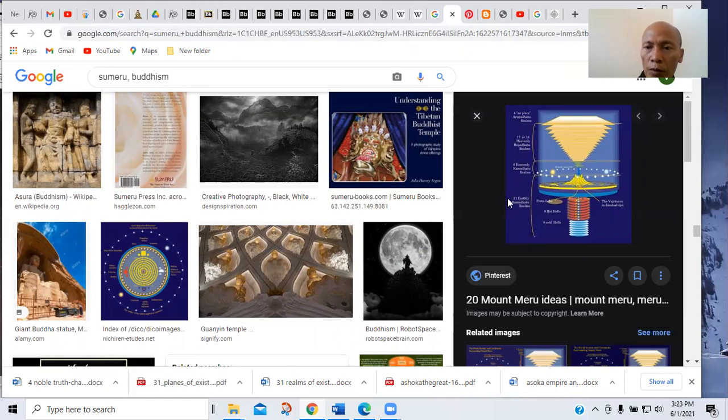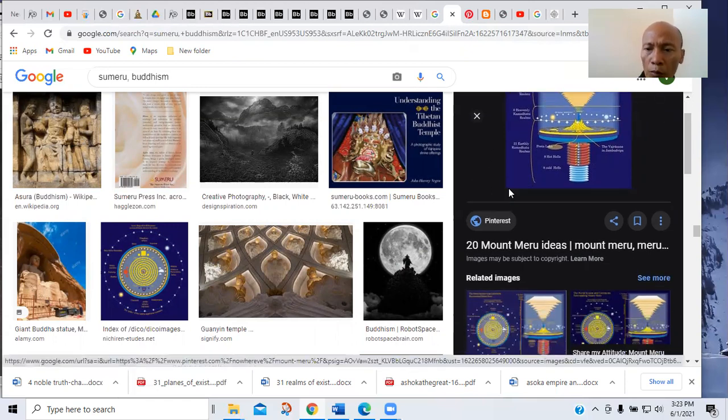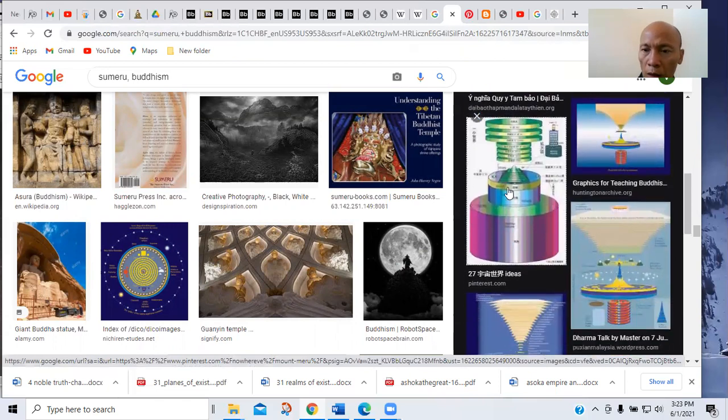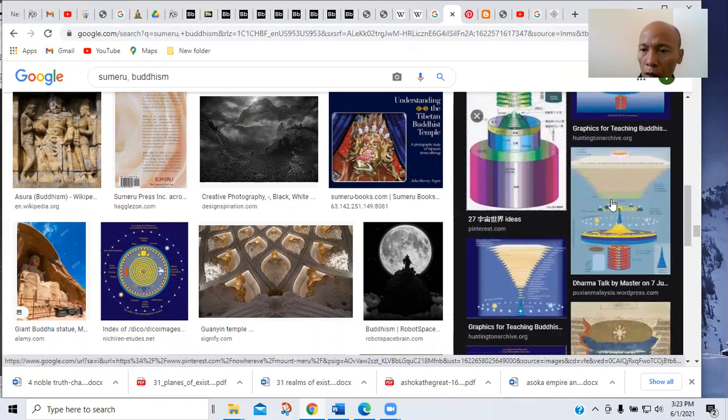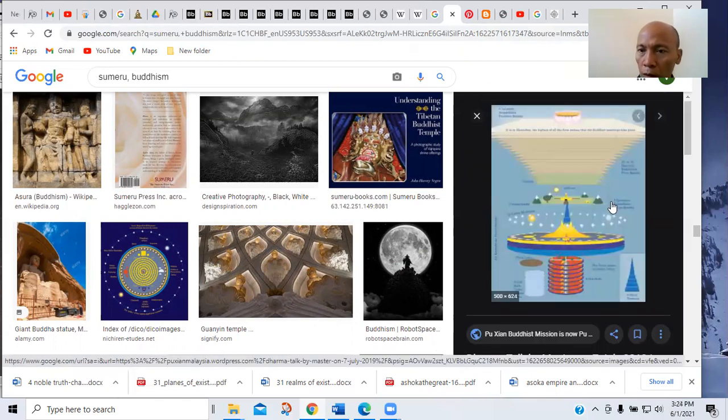So you can see the whole Buddhist cosmology. Here you can see the hells, and in the circle here is the human realm. Again, that is the Buddhist cosmology.